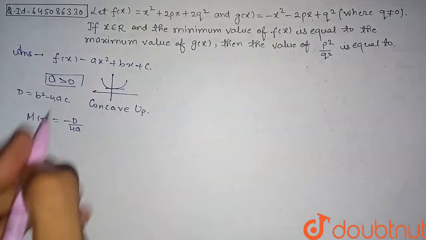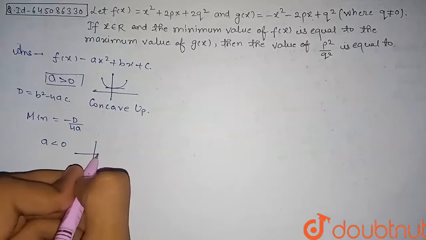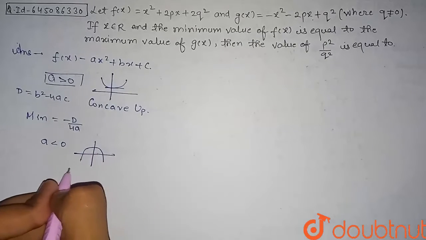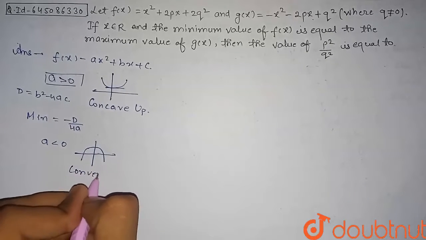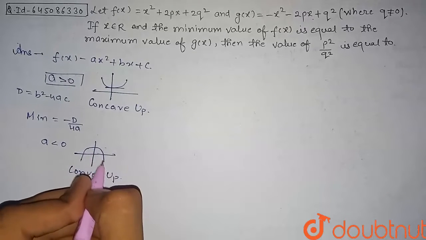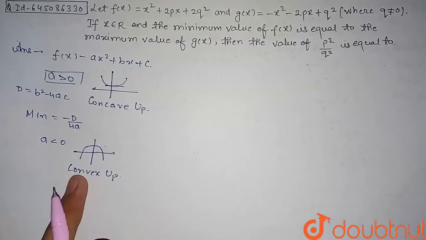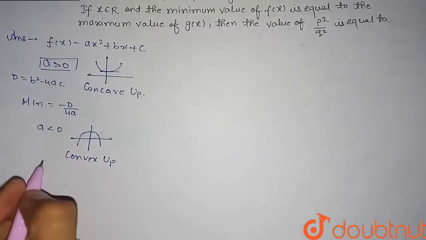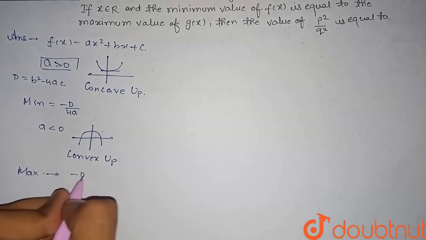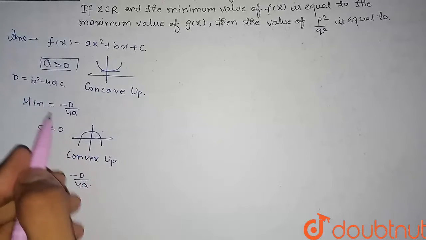Similarly, if a is less than 0, then the graph will be convex upwards, that is, convex up. So for this type of graph there will be a maximum value, because the minimum value is minus infinity, as it goes towards the negative side. The maximum value will be minus D upon 4a, where D is again b square minus 4ac.